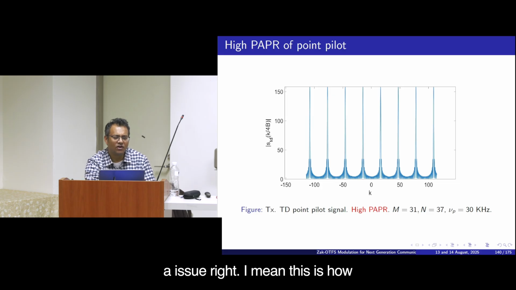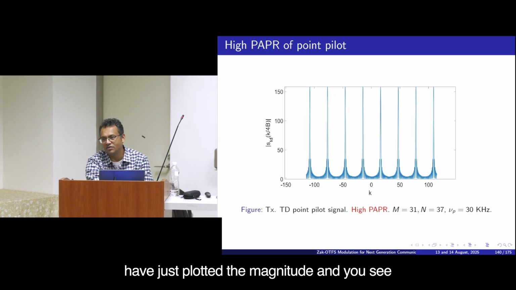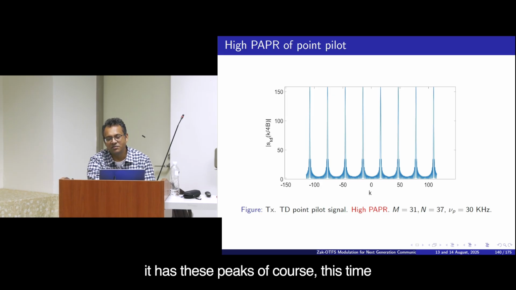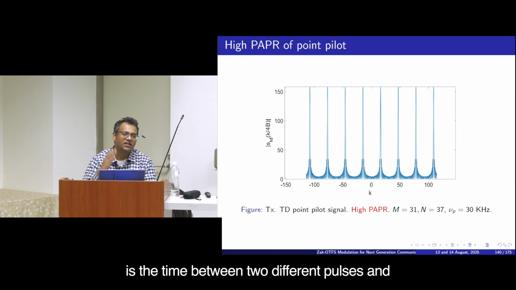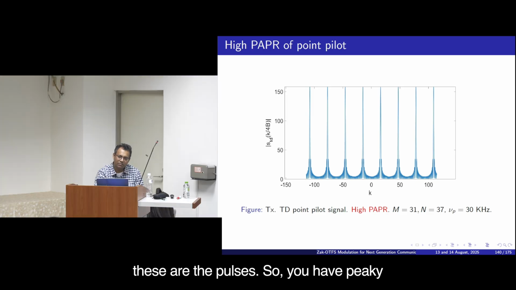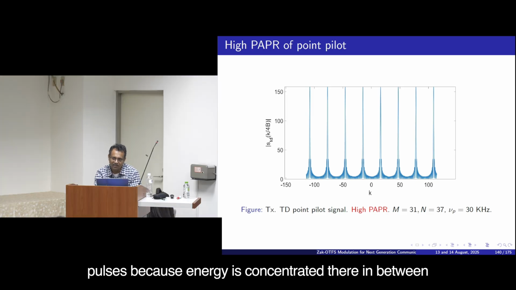This is how the pilot signal I have plotted in the time domain looks. I have just plotted the magnitude, and you see it has these peaks. Of course, this time interval is equal to tau p, the time between two different pulses, and these are the pulses. So you have peaky pulses because energy is concentrated there.